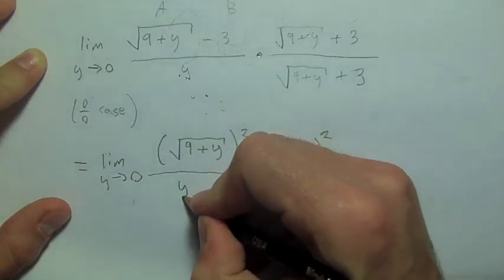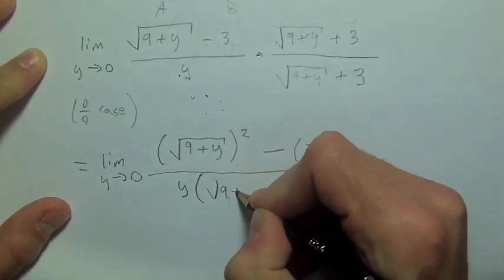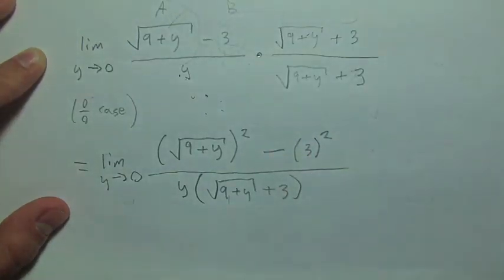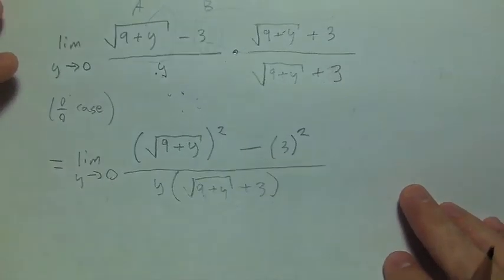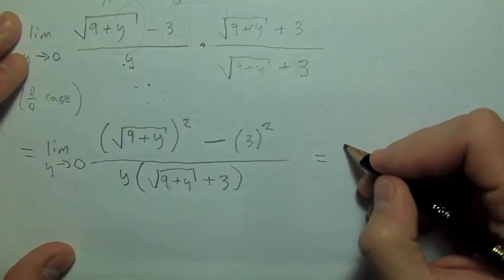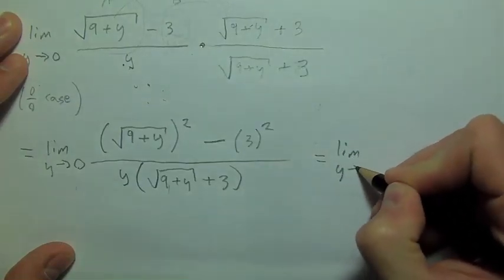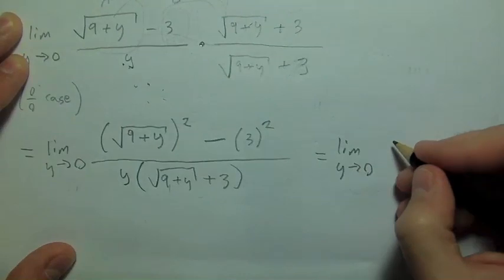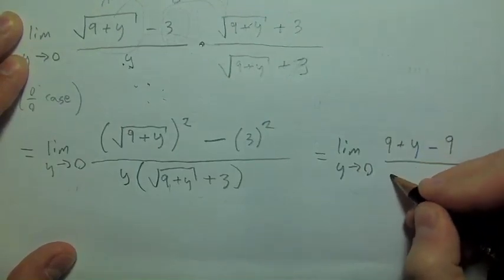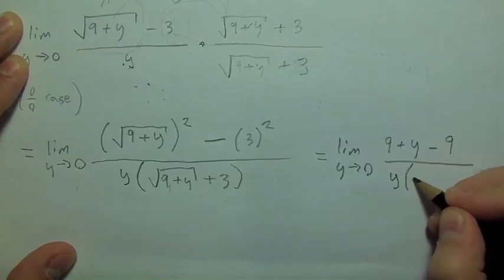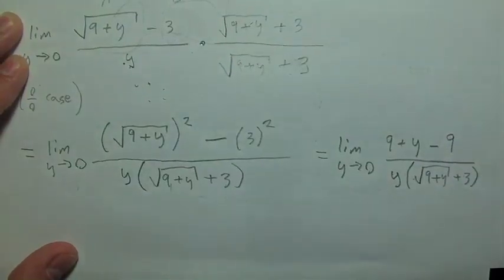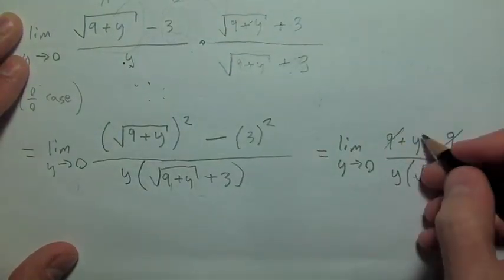All over, and it's just going to be y times the square root of 9 plus y plus 3. And we're going to simplify this. This will be the limit as y goes to 0 of 9 plus y minus 9 all over y times the square root of 9 plus y plus 3. Okay, so the 9's cancel and the y's cancel.